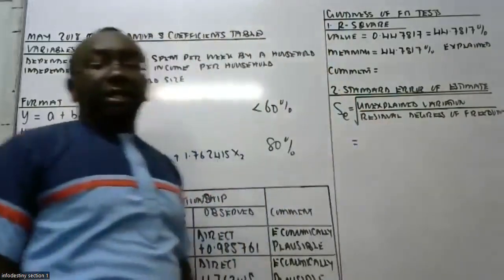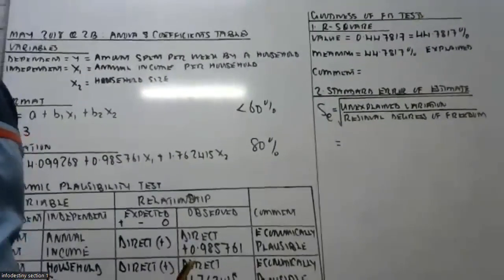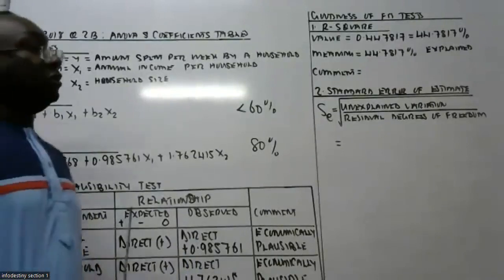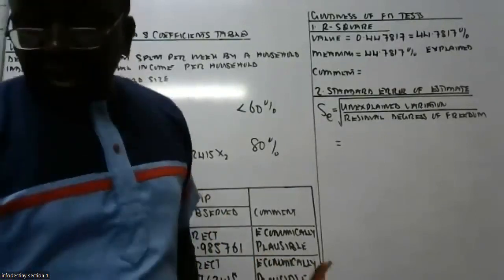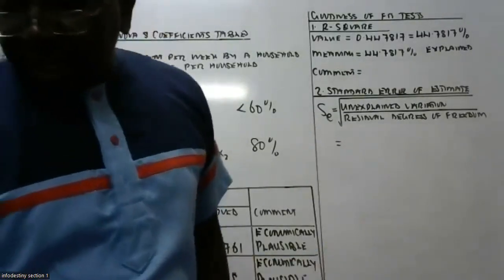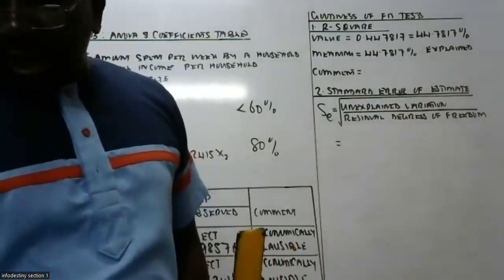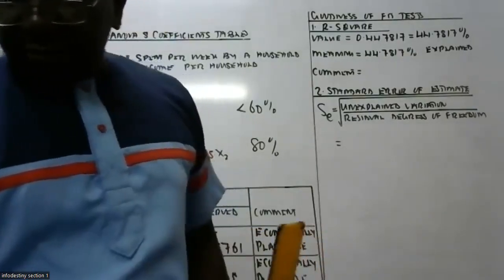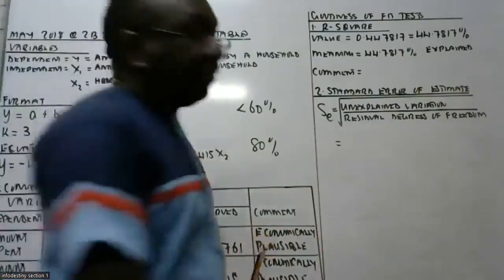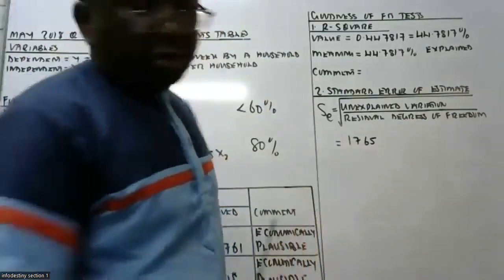However, remember, when you're interpreting a report, not unless the owner of the report has given you permission to compute, you don't compute. You only interpret what they have. Otherwise, when you compute, they will accuse you of doctoring the reports. But now, for class purposes, the unexplained variation, if you look at the table of ANOVA, you can see in the column of SS, we have 1765.77.